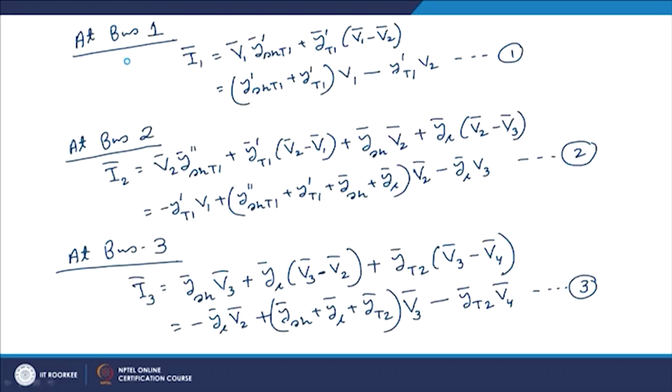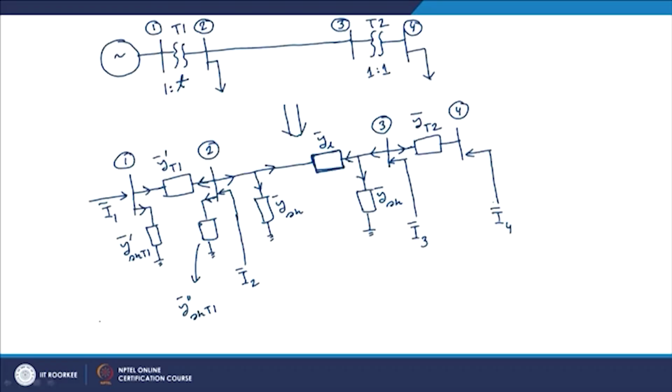Lastly, at bus 4, we would write the equation of I4. Now, this injected current I4 would be nothing but equal to this current. So, it is very simple.